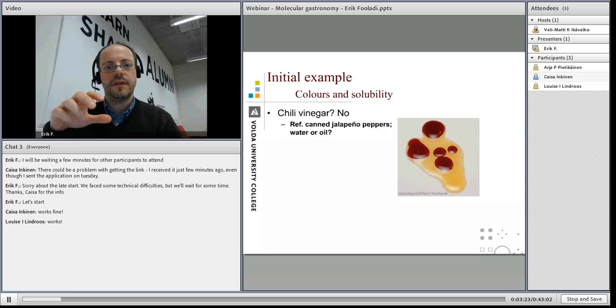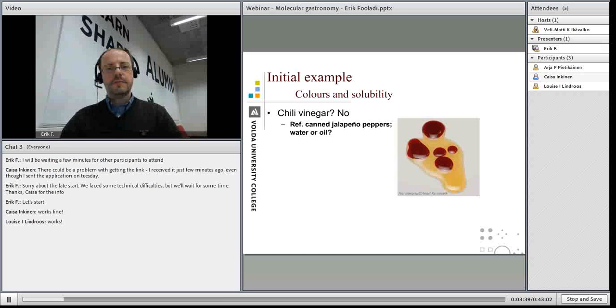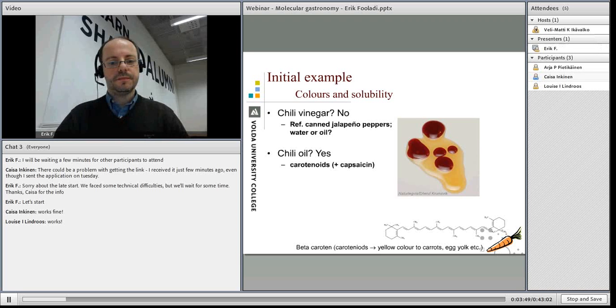And the question is, are those jars filled with oil or water when you have these peppers that you use for foods? And I won't wait for long now, but next time you go, you could check. Well, I'll leave it to the end of this slide.